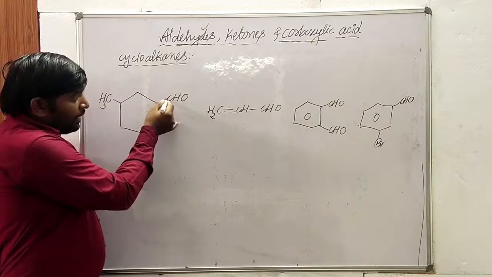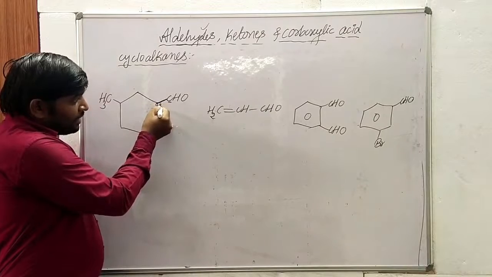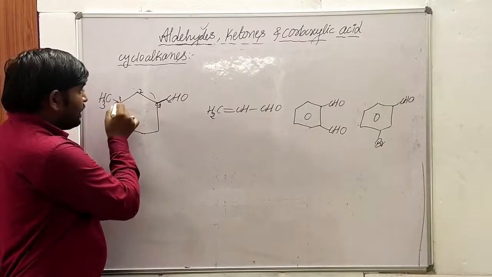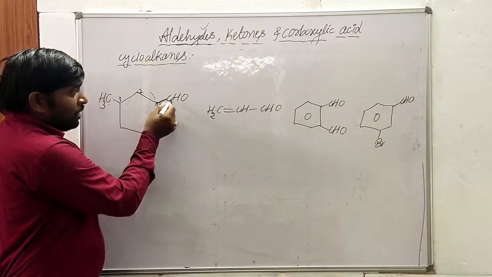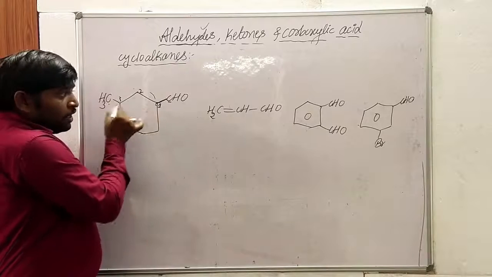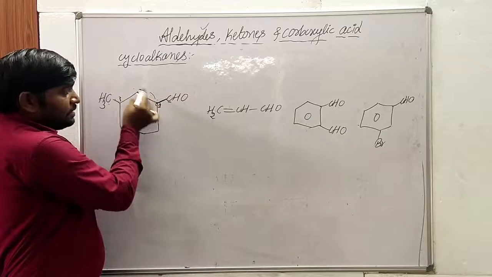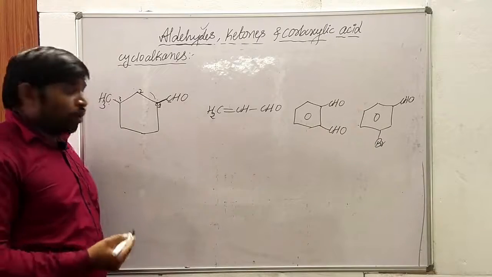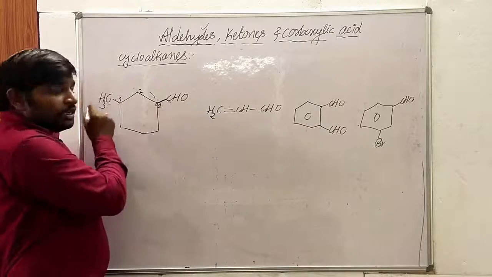Next this is 2, this is 3. Why? Because this group is very near to the functional group. If you go the other way, it is too far, so we should not go like this. Always assign the numbers like this, the short way. We always need to choose the short way to reach our goal, so it is very easy to reach the other substituent.